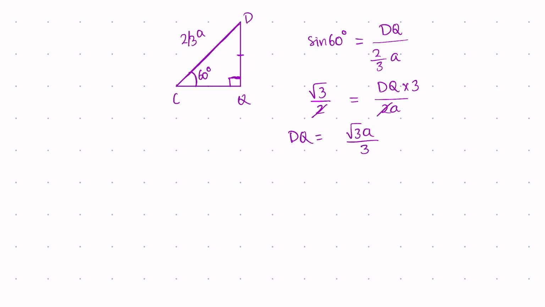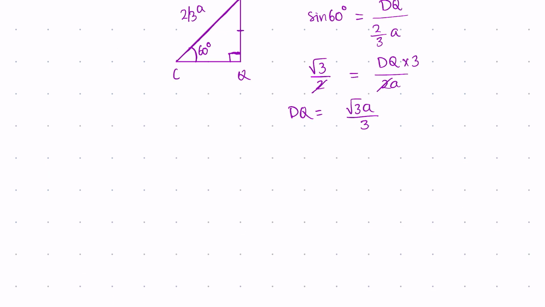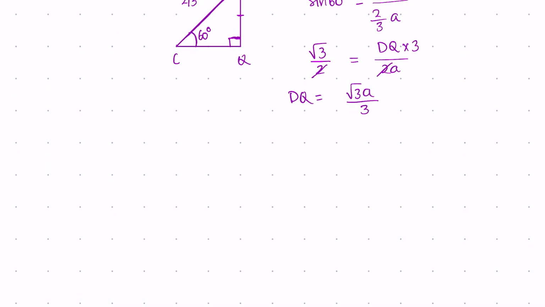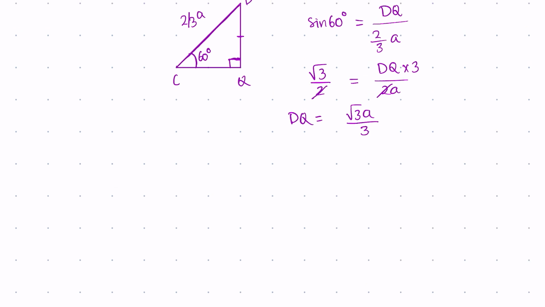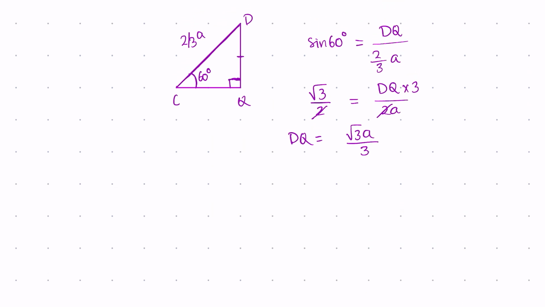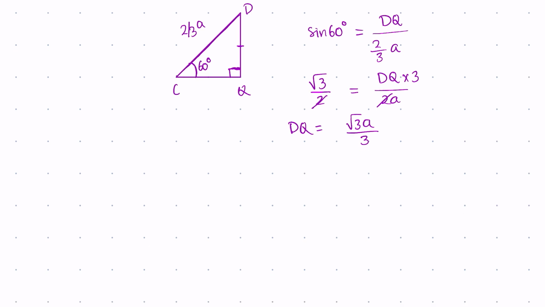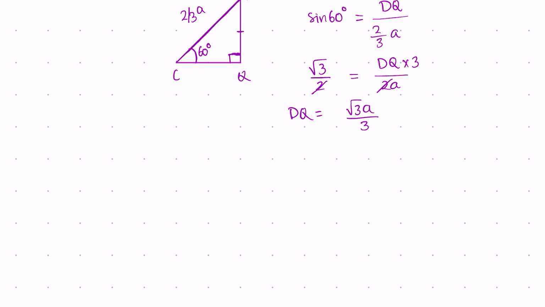Okay, next we also have, what do we have? Cos 60. So cos 60 degrees is equal to CQ, this side, divided by 2 by 3a. What is cos 60?